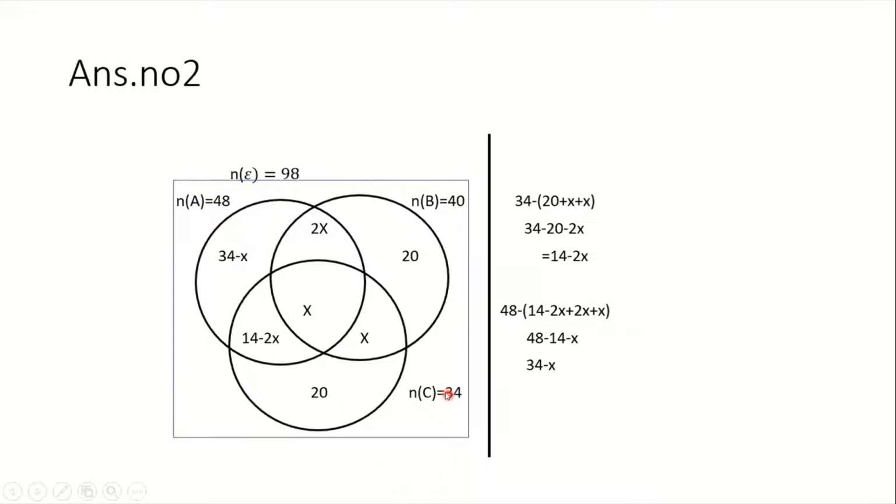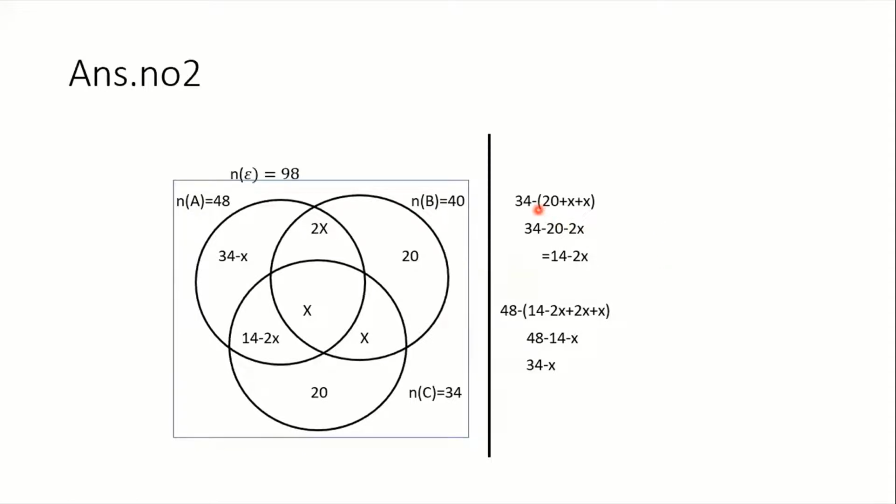So we shall get our 34 for the whole C. Since we are given these 3, we are given x plus 20, but we don't have one of that in the set. But remember, they gave us the whole set is equal to 34. That will be 34 minus 20 plus this x and plus x. So that is 34 minus 20 minus x minus 2x.